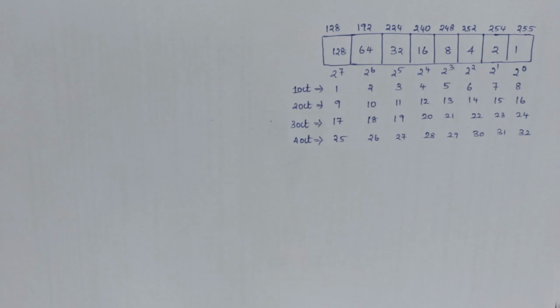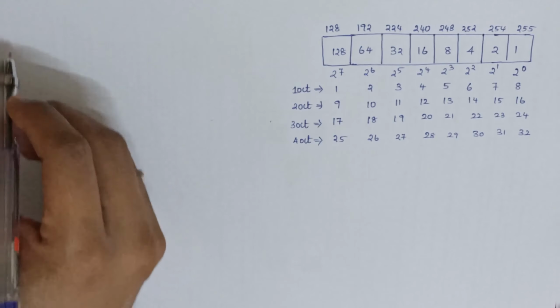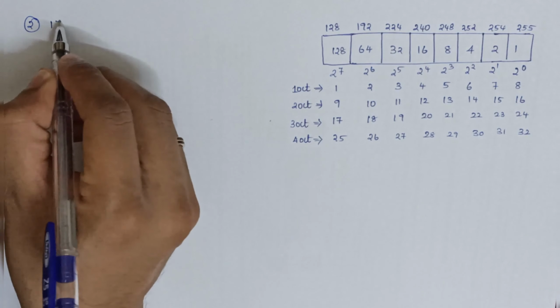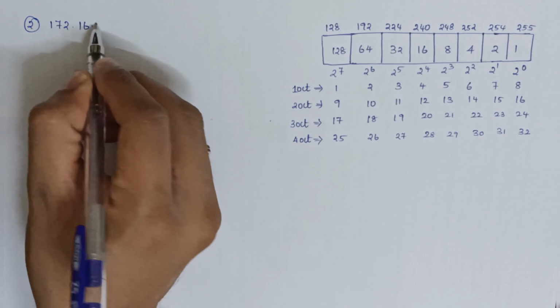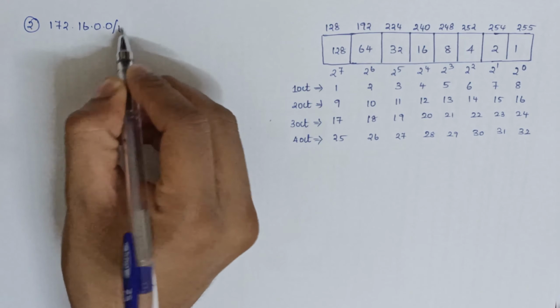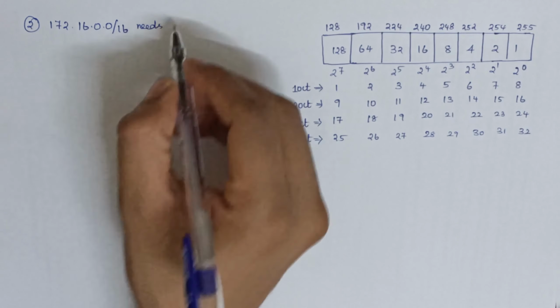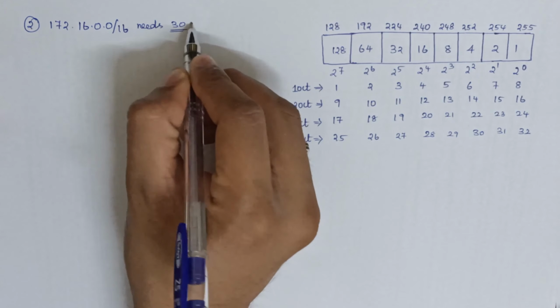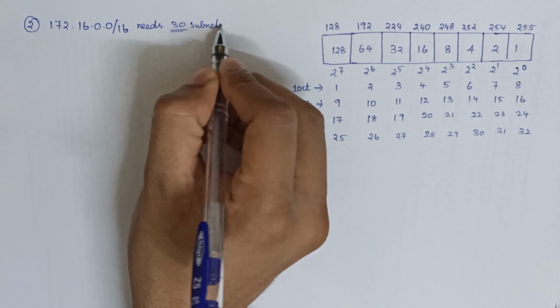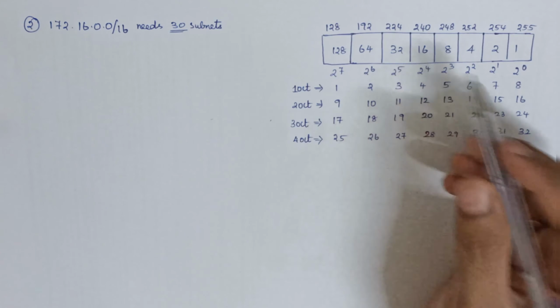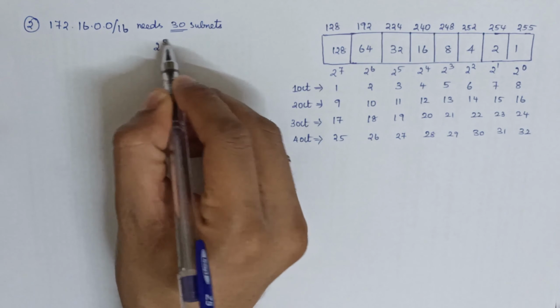So now we will see the class B IP address, the second one. 172.16.0.0/16 is the class B default network bits, which needs 30 subnets. For getting 30 subnets, look at the chart. 2 to the power of what will give 30? 2 to the power of 5 we will get 32.